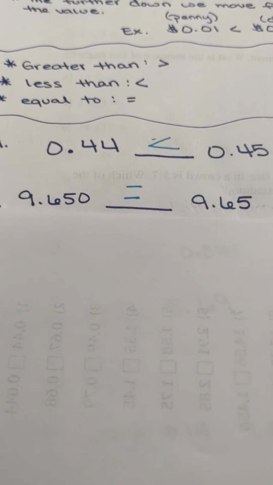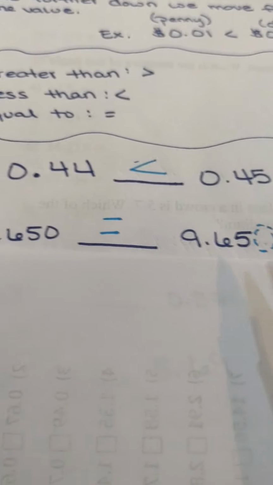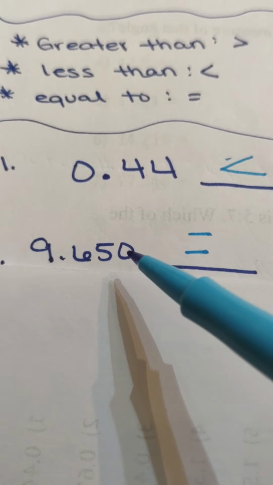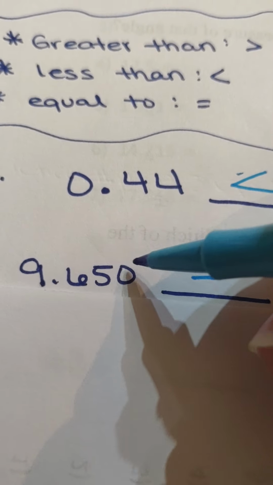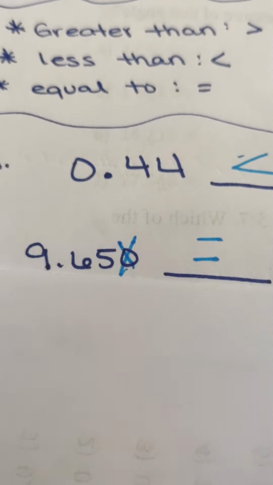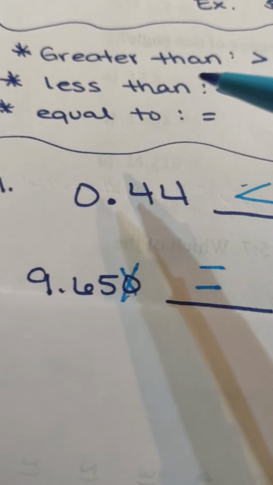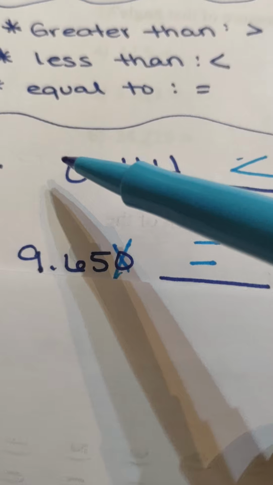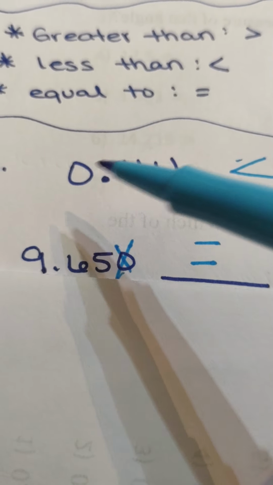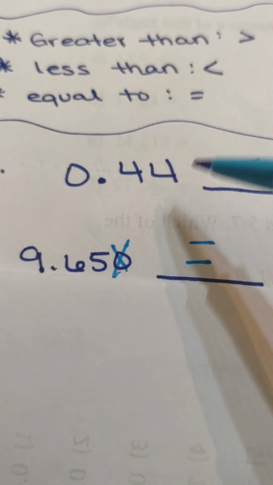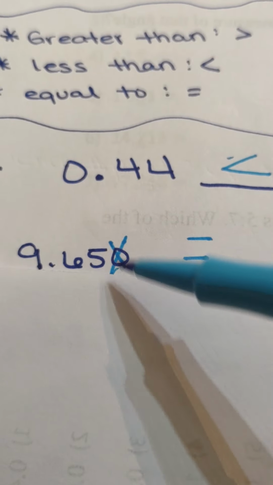They have the same value, because I could put an invisible 0 there. This one they decided to include it, but I could definitely just say I don't want it there. And these two have the same value. Is it okay for me to do that to any 0? No, because that 0 is not the last digit on the number. When it's the last digit, you can omit it and it won't lose value.